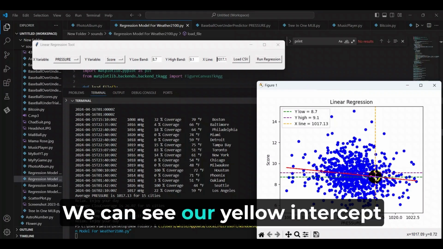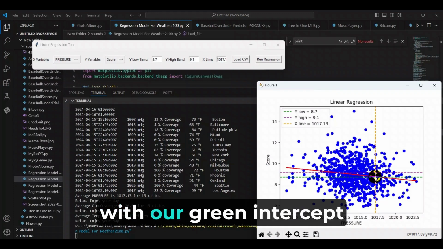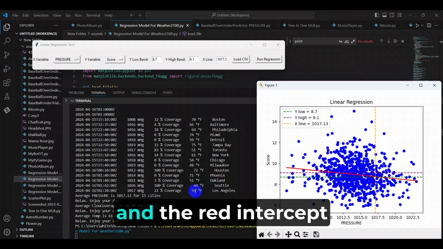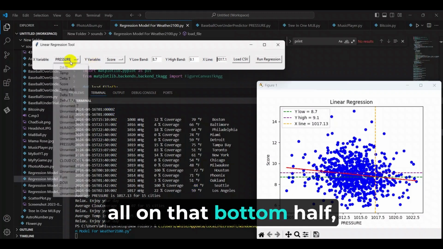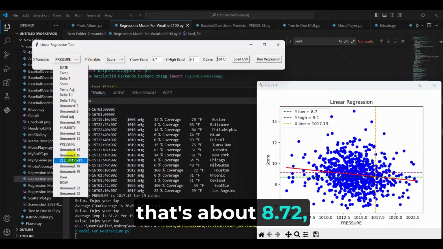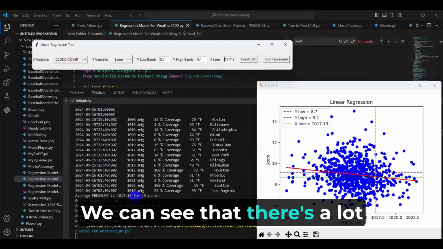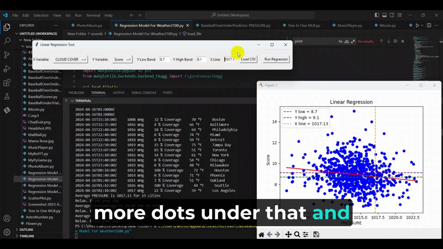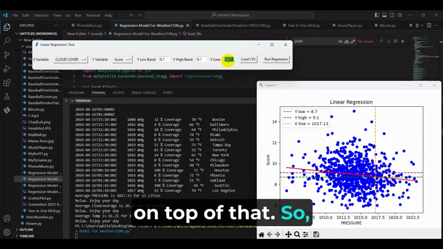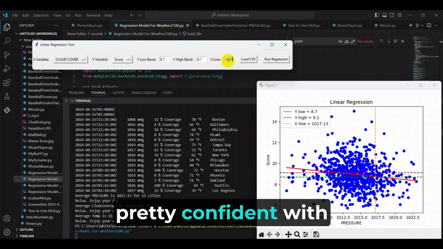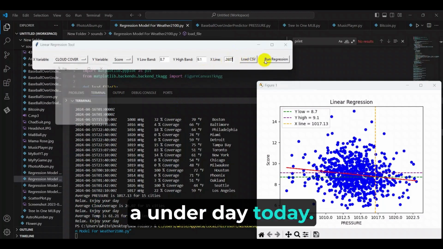We can see our yellow intercept with our green intercept and the red intercept, all on that bottom half. That's about 8.72, which falls in our under. We can see that there's a lot more dots under that than on top of that. So pretty confident with an under day today.